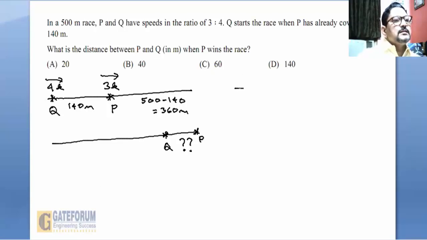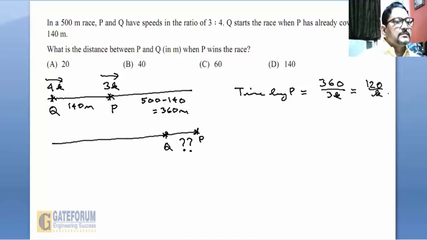Now, what was the time taken by P to cover those 360 meters? It would be 360 divided by the speed of P, which would be 120 by k units.